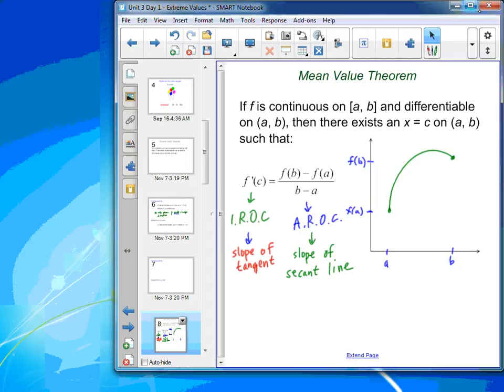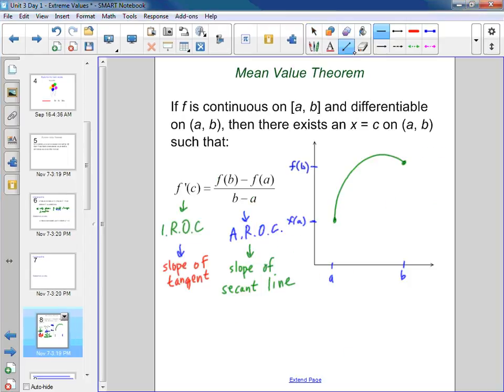First, I'm going to use my line tool for this. Pink, pretty in pink. So there's my secant line. And I want to see where on that interval a to b the slope of the tangent is equal, is parallel, is the same.